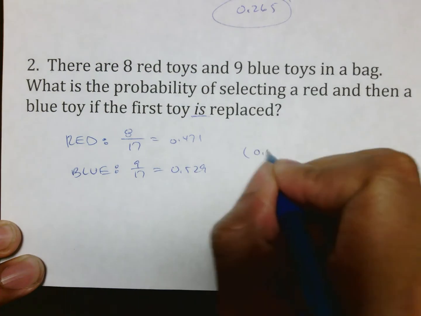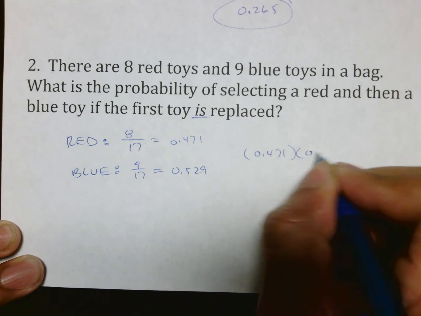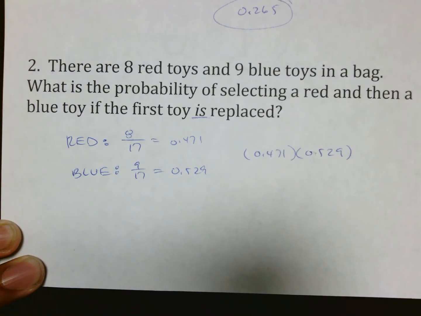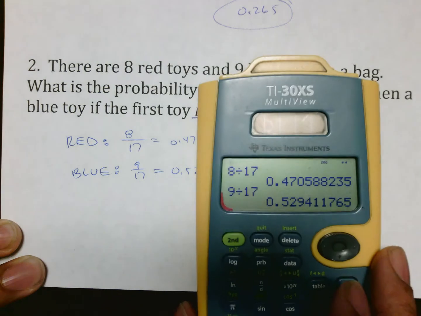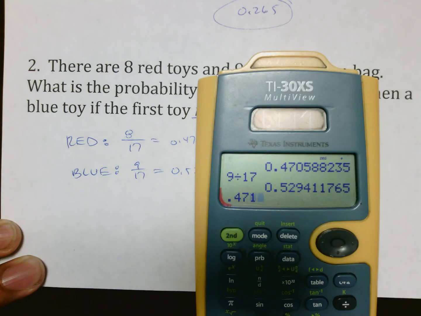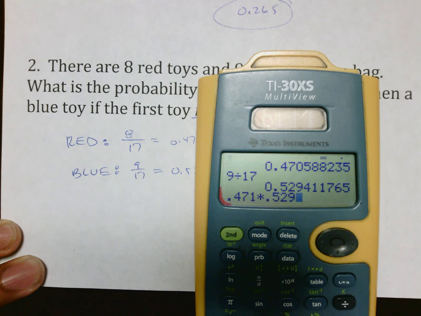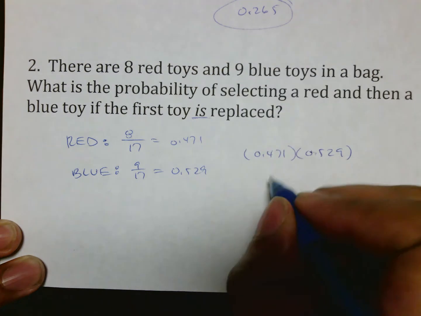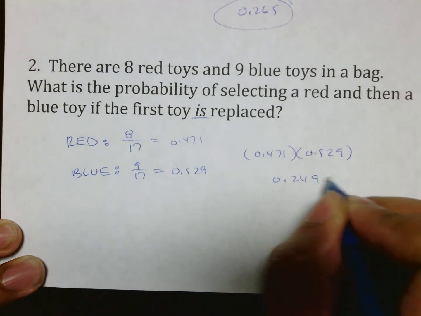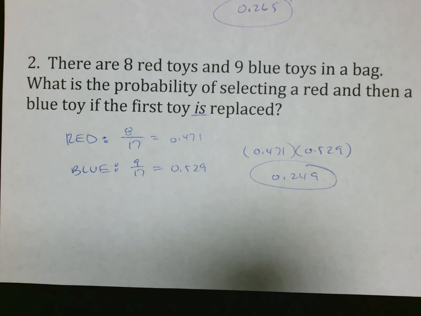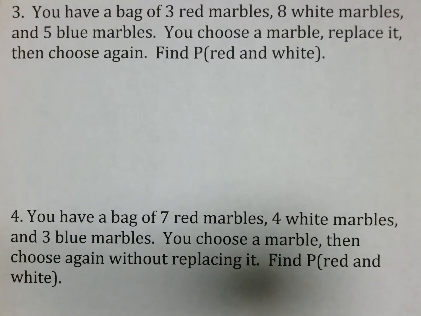And so we now take 0.471 times 0.529, and you end up with 0.249. Alright. So again, key idea for AND, if you're making multiple selections, it could be 3 selections, 4 selections. It could be red and red. It could be anything like that. But if you are making multiple selections and you want both of those things to happen or all of those things to happen, you simply multiply the probabilities for that.